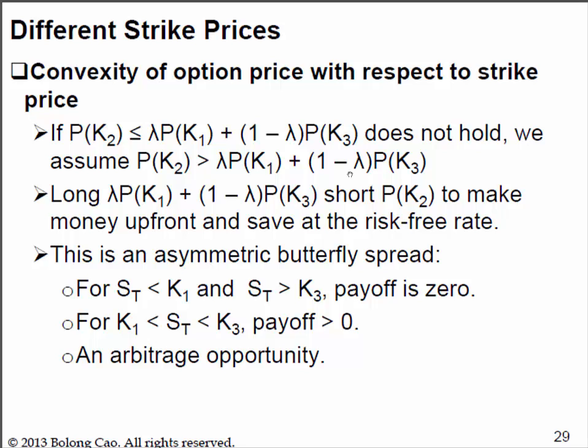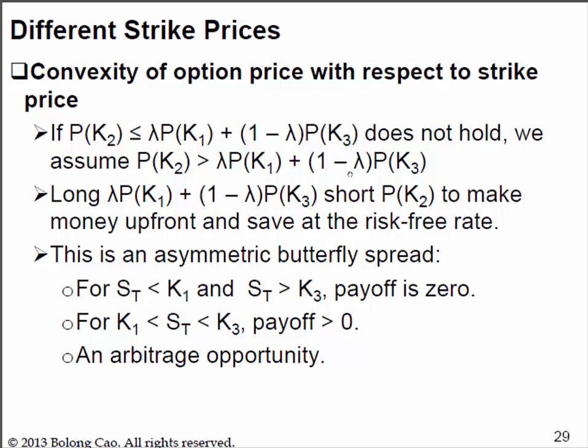Once it hits the two strike prices, the high strike K3 and the low strike K1, the payoff will be 0. In other words, for this asymmetric butterfly spread, the payoffs are non-negative. Non-negative payoff with money upfront, it's a free lunch, it's an arbitrage opportunity.